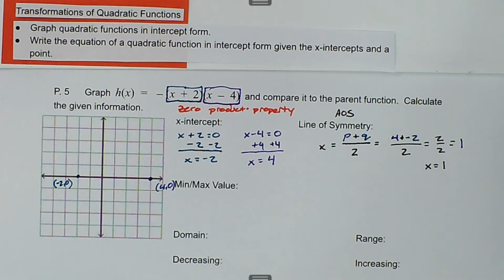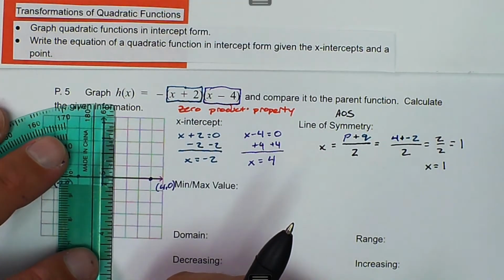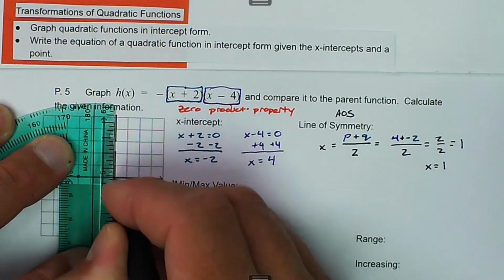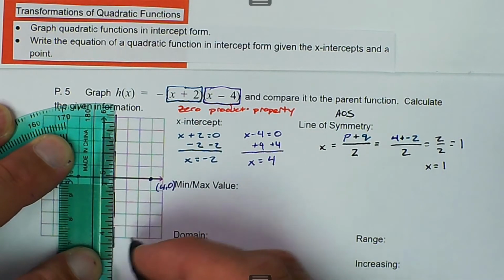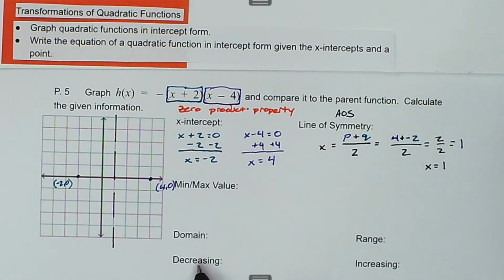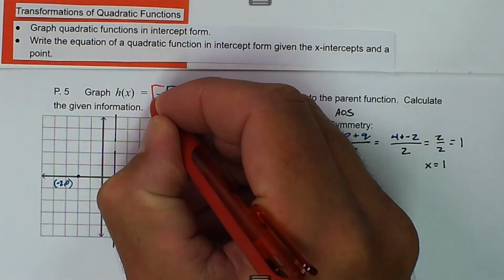So we can sketch that on our graph. And then the next part we want to look at is the minimum or maximum value. Our a value is negative 1.